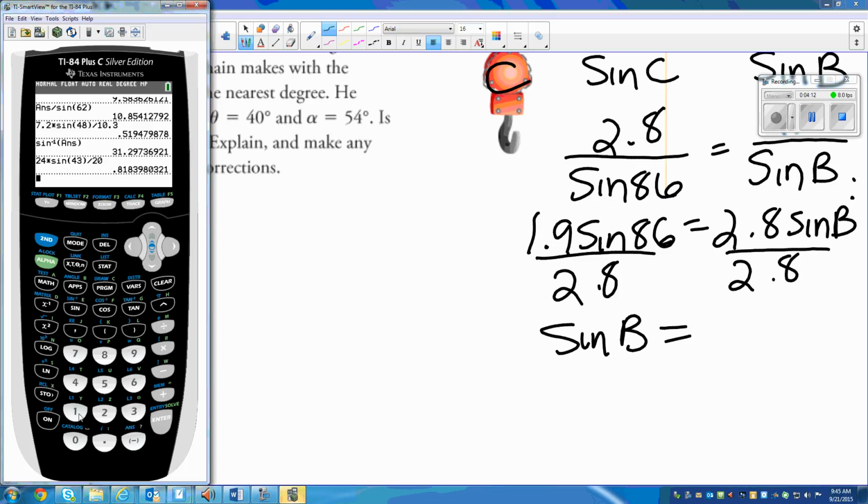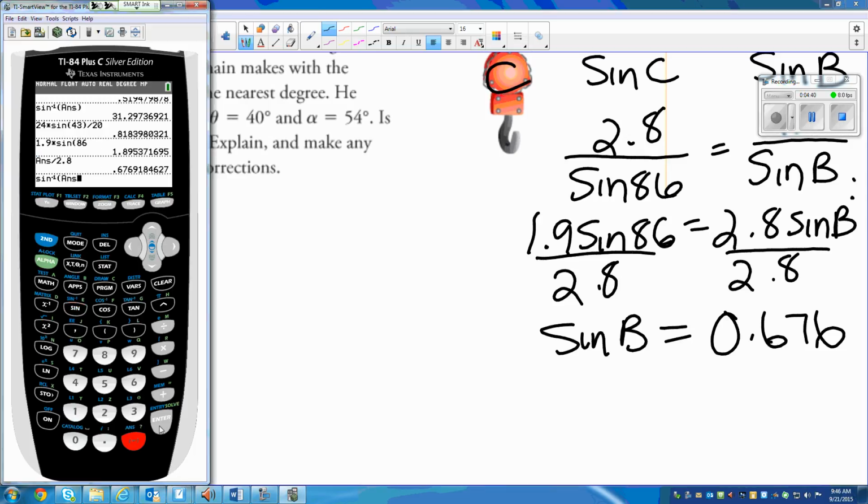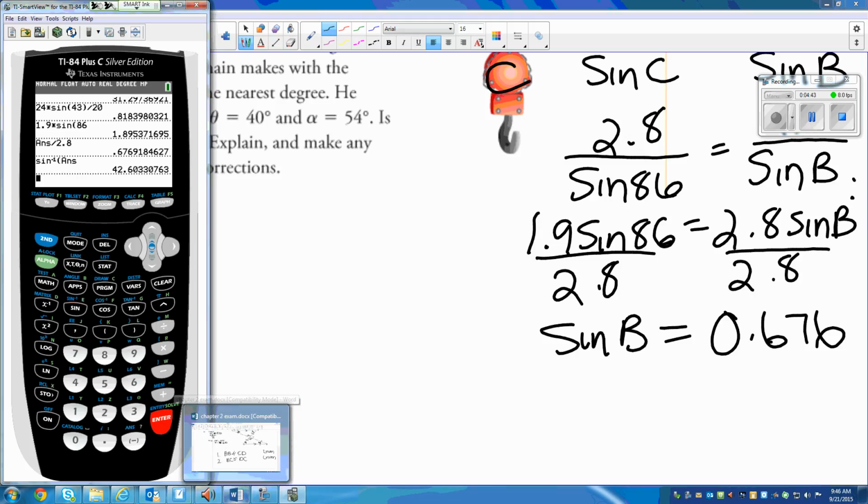So all you're going to do is type in 1.9 times the sine of 86, end bracket, divided by 2.8, which gives you 0.676. How do you find angle B then? We just do second sine. Which will give me 42.6, which rounds to 43, right?